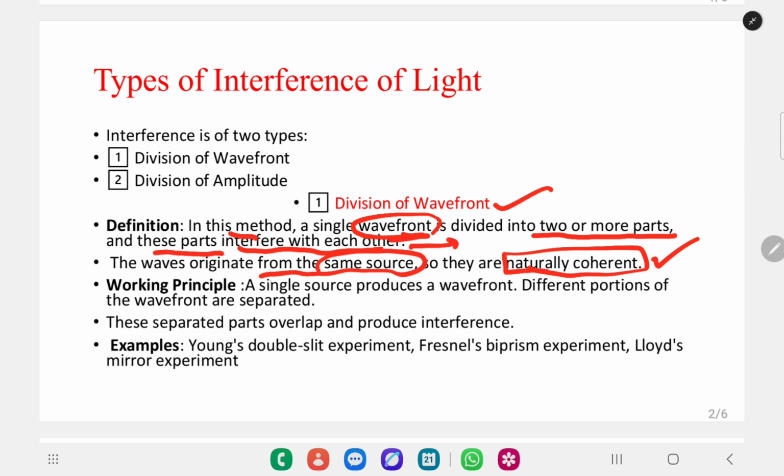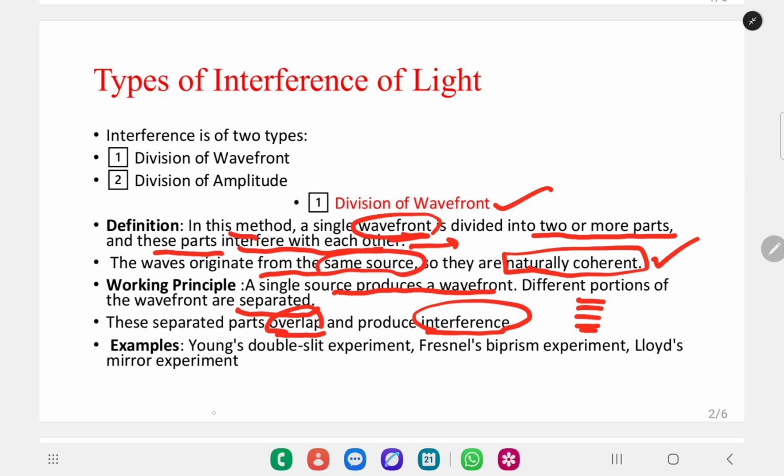Now what is the working principle? A single source produces a wavefront, and that wavefront is separated or divided so that the parts overlap with each other. The wavefronts overlap, interference phenomena happens, and we can see the interference pattern.